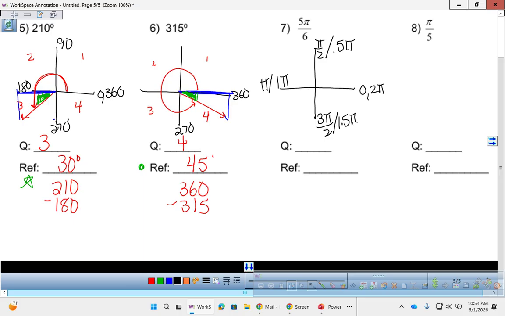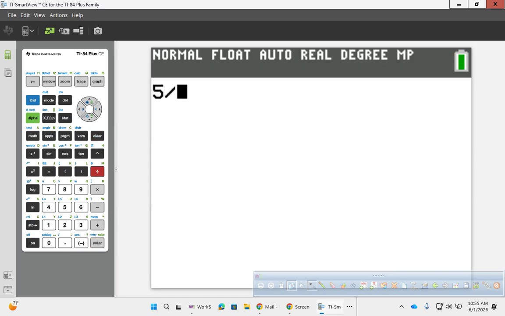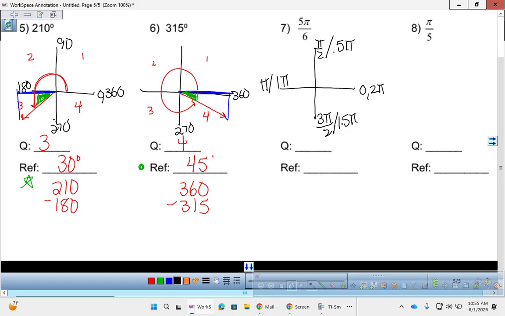So when I'm picturing 5/6 pi, you don't have a non-calculator part. So if you don't know what 5/6 is, you can look at it like this. 5/6 as a decimal is 0.83 pi. So I'm trying to figure out where 0.83 falls. Well, 0.83 is not between 0 and 0.5. 0.8 is bigger than 0.5, right? It's between 0.5 and 1. 0.83 is some decimal between a half and 1.